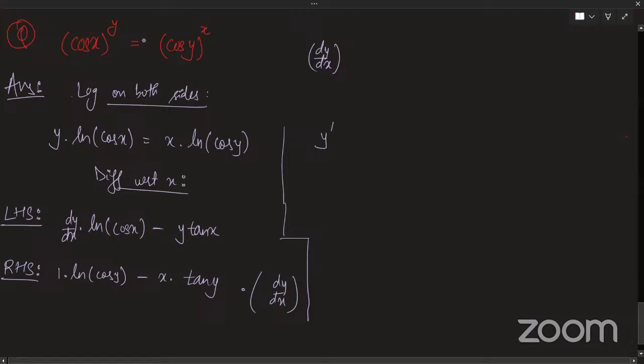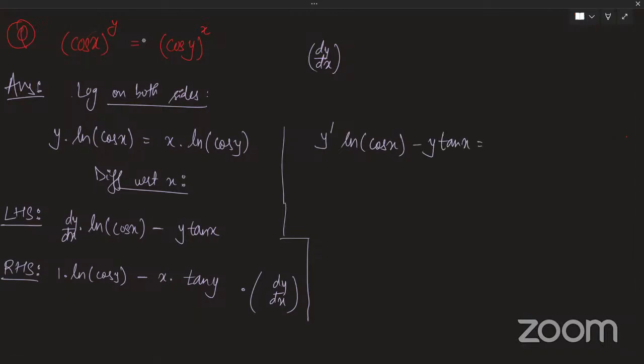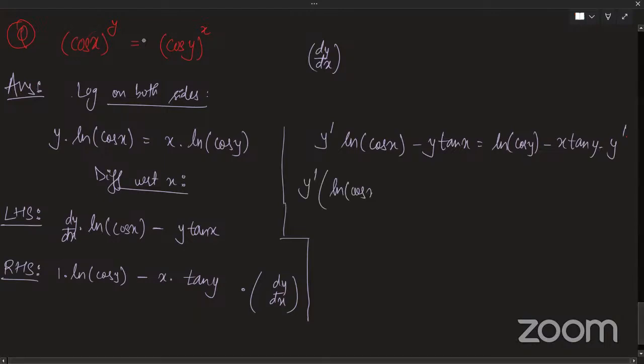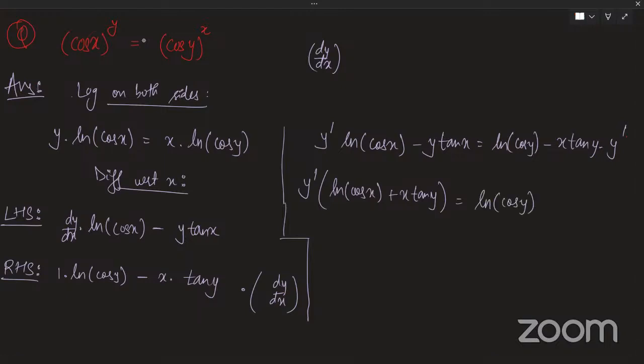I'll write it as y dash just for the sake of easy writing. ln of cos x minus y tan x is equal to ln of cos y minus x tan y into y dash. So I'll just take y dash to this side. So y dash into ln of cos x plus x tan y is equal to ln of cos y plus y tan x.